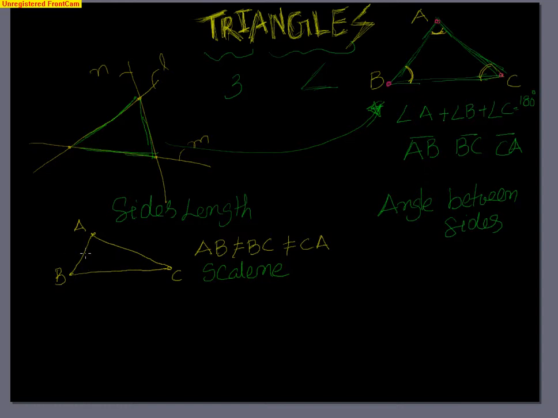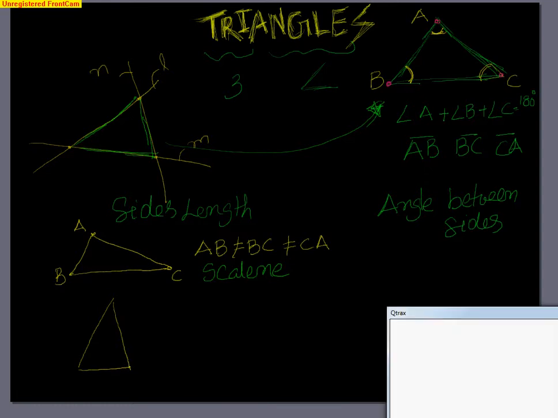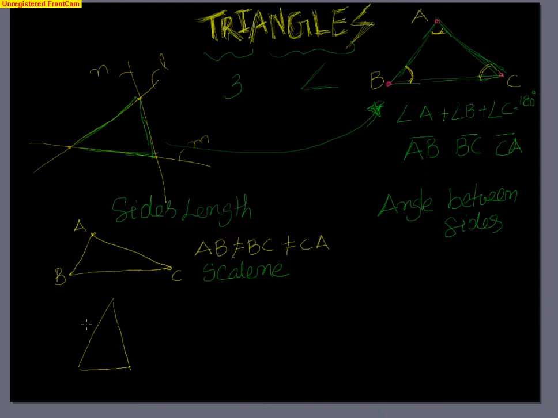Okay, let's see all the combinations. Three of them are not equal. Suppose two of them are equal, something like this. Then suppose two of the sides are equal. What is the meaning? Suppose two sides are equal.